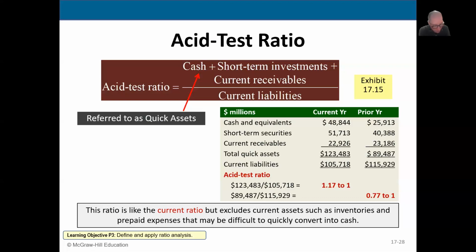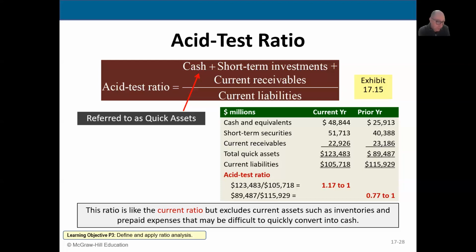The acid test ratio. Christy, earlier you had said that liquidity is the company's ability to quickly convert things into cash. Yes, it sure is. And one of the ways that we can measure the company's ability to do that is through what we call the acid test ratio. Cash plus short-term investments plus current accounts receivable, current receivables, divided by current liabilities.